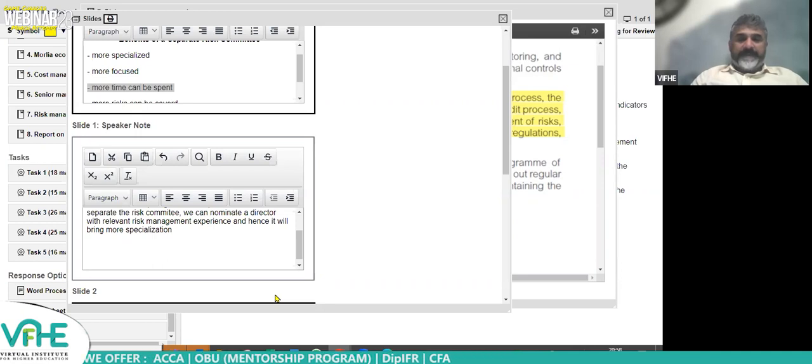I like it. No, Priyanka, your statement of fact is incomplete. You are saying they are focused on overall work. So what's wrong in that? So you have to mention that they might not be able to give sufficient time to risk management.